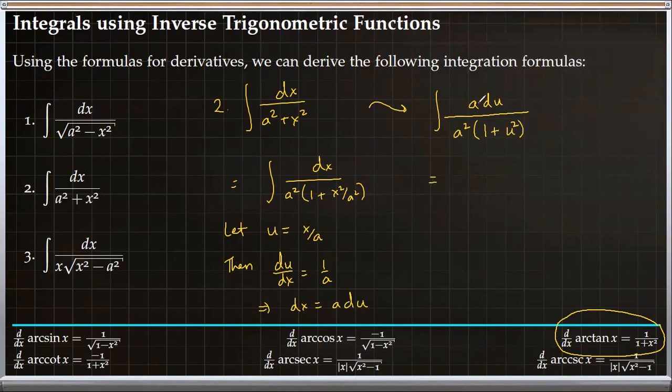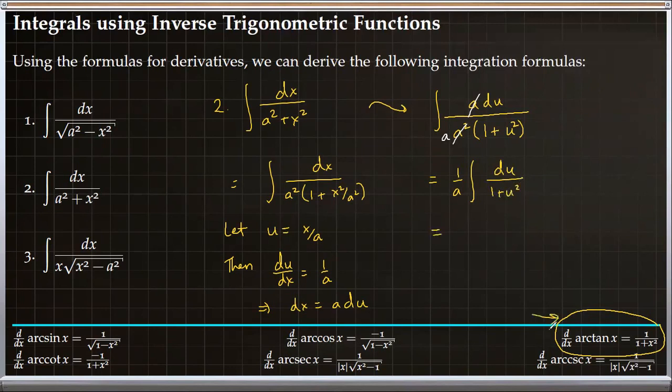It looks like a and a squared will simplify to simply 1 over a. I'm going to put that in the front. So we have 1 over a times du over 1 plus u squared.